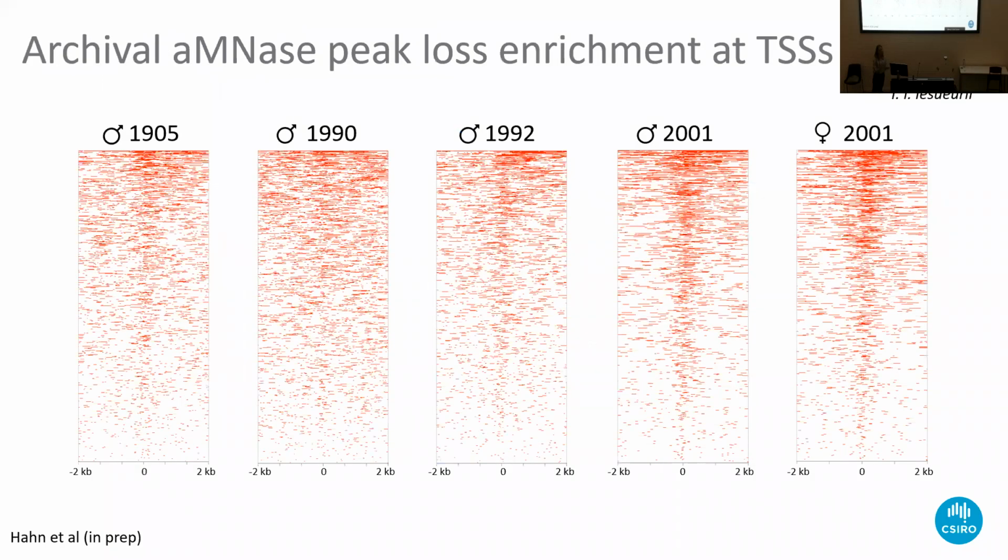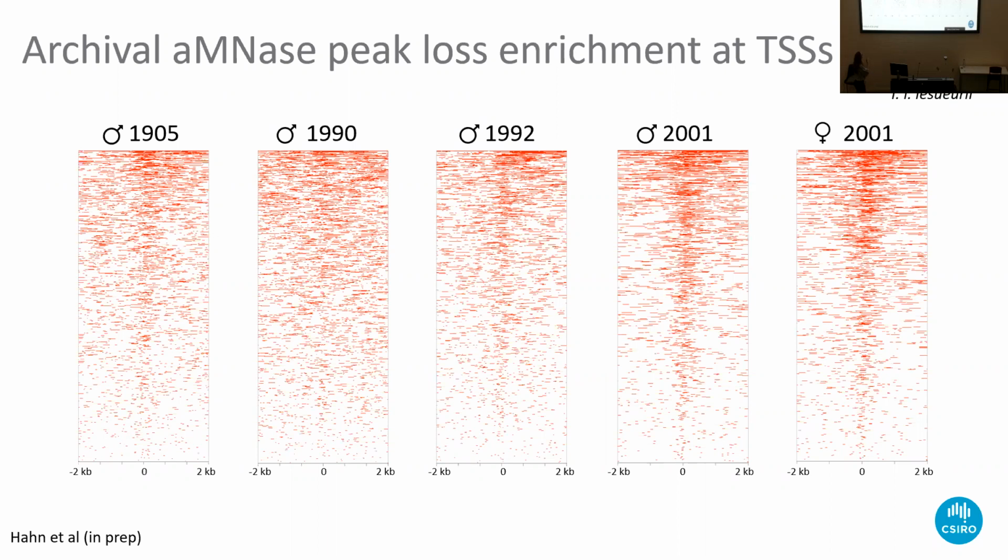Jumping right into it, what does archival micrococcal nuclease sequence data look like across the genome of truly archival, properly old eastern water dragons? So these are those similar profiles of enrichment at the transcription start site, again, a peak loss in these 5 dragons.